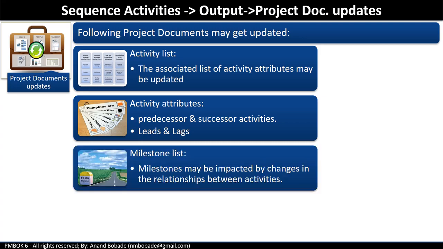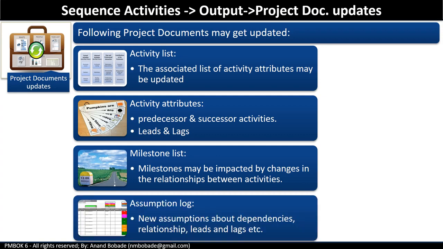Milestone list. Milestones on the project may be impacted by change in relationships between activities identified during this process. Of course, whenever you discover a new relationship, it will definitely impact some of the milestones that have been agreed earlier on the project.